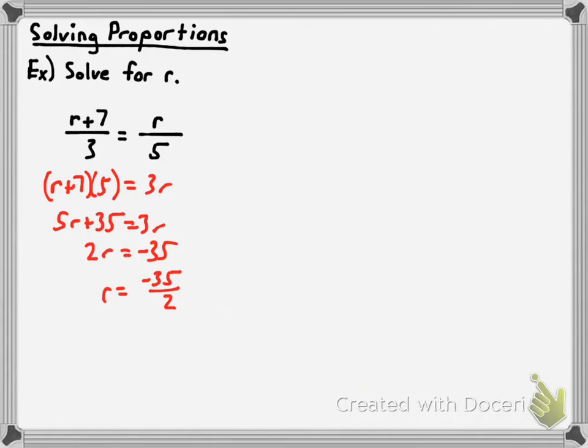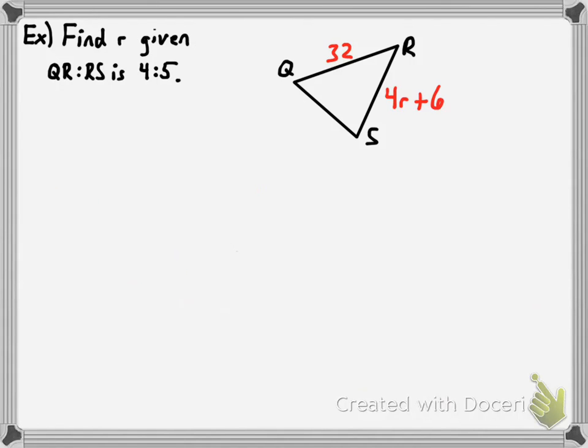Let's do that again one more time, but in the context of a geometry question. Here I've told you that the ratio between QR and RS is 4 to 5, and I want you to use that fact to find the value of r. Well, first let's write a proportion. If we know the ratio between QR and RS is 4 to 5, that means we know that those two things are equal to one another, writing it in a proportion form.